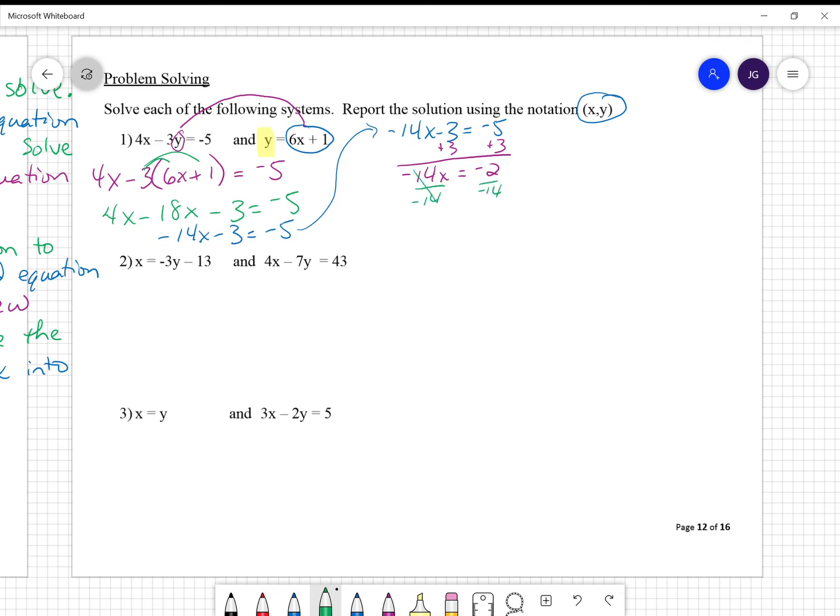The negative 14's cancel. x equals 2 over 14, which reduces to 1/7, and negative divided by negative is positive. I'm just double checking my work because I don't remember having a fraction example.